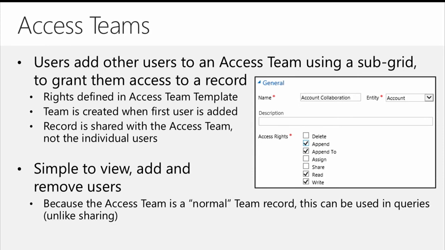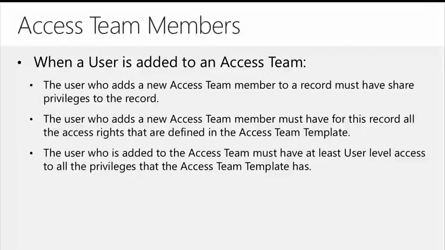And it's very easy to add and remove users from those views because they're a part of a subgrid. And because it's a team and it uses the team record inside CRM, it also can use queries to determine who has access to this record and those kinds of things. So one of the things you have to do is define who are going to be team members, and that's done by adding people to that subgrid.